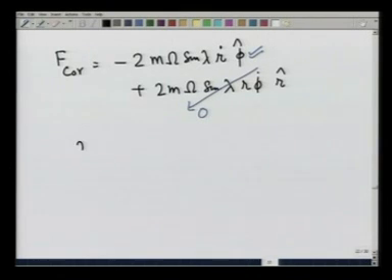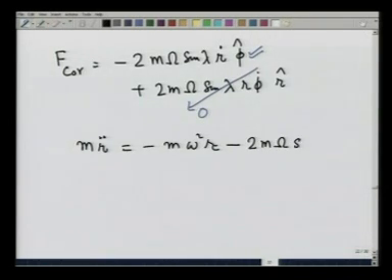It becomes m r double dot equals minus m omega square r, that is the restoration force, minus 2 m omega sine lambda r dot in phi direction.